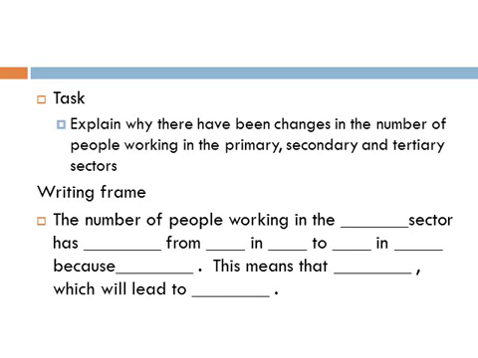So it's fallen or it's risen. This means that this will happen. And because this has happened, it will lead to that happening. That's what we call a chain of argument. We'll look at that in more detail as time goes on. But you've got to say, because this has happened, it means this also might happen, which will lead to something else happening. It's these chains of argument that the examiners like, and it's these chains of argument that will get you good grades.